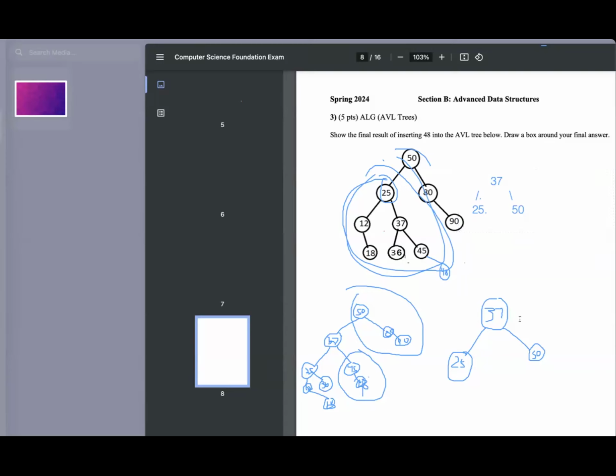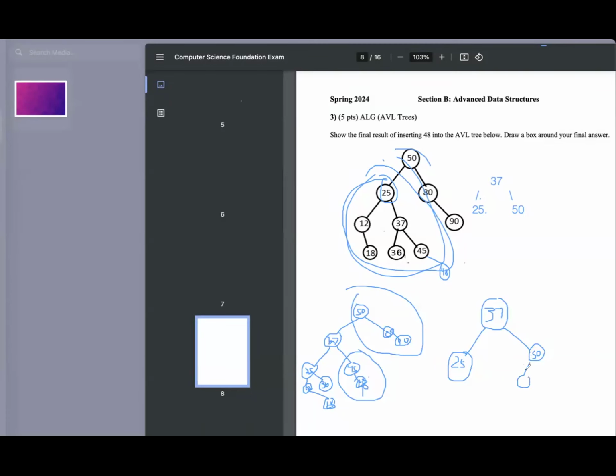Okay, 37, 25, 12, 18, 37, 36, 45. That's still gonna be on the, no, not the 45, 48. Sorry about that. So 45, 48 will actually be the new left children of 50.